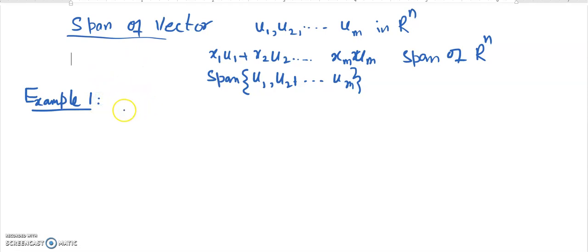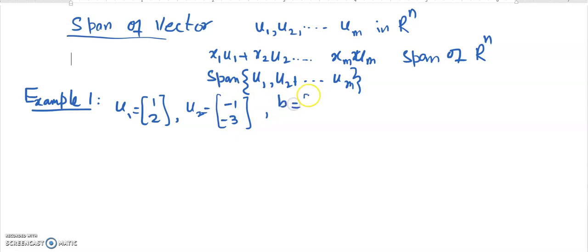Let's see, we have a vector u1 as (1, 2), vector u2 as (-1, -3), and vector b as (4, -2). We have to determine whether or not the given vector b is in the span of the vectors u1 and u2.